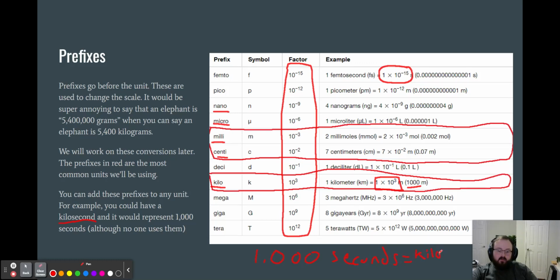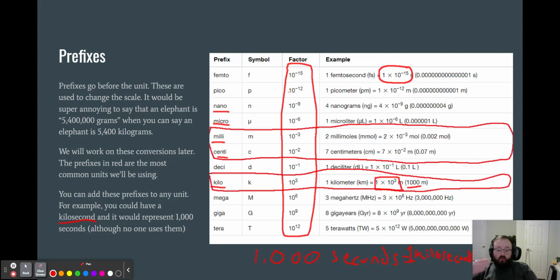We're going to talk about unit conversions on Friday. So 1,000 seconds is 1 kilosecond. And you can do these conversions. They're all base 10, which is what makes the metric system so easy, is the fact that you can do it by multiplying by 10.